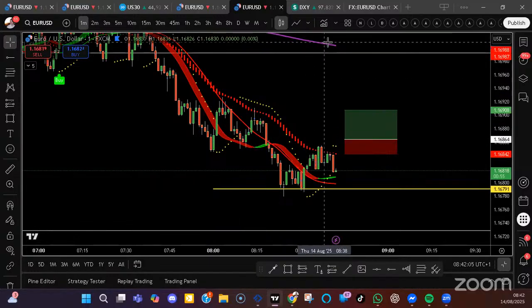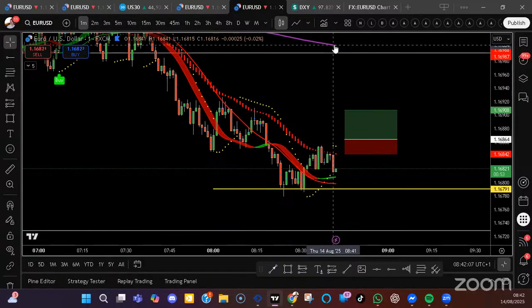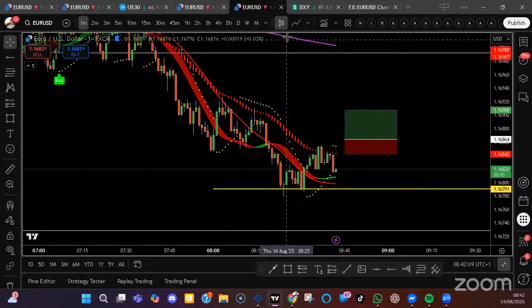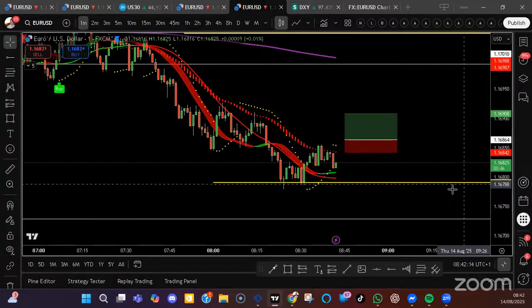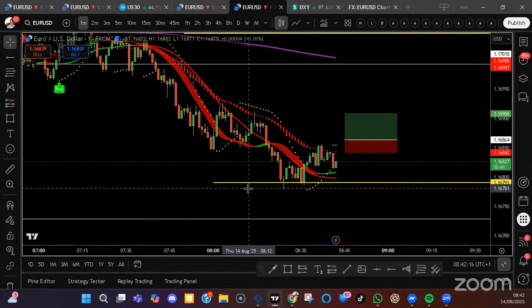All the time the purple EMA 462 is heading on down. We are underneath there, so we've got a sell buy going on anyway. We've tapped into the buy zone.